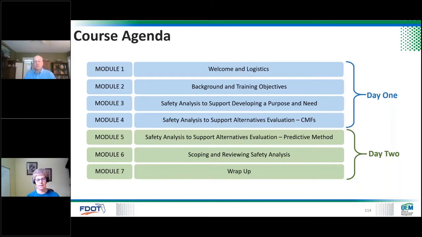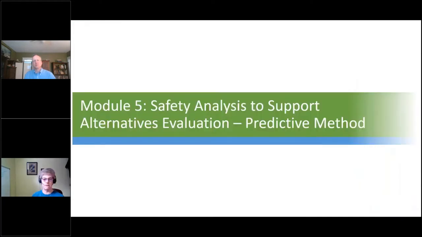In our eyes, this is another sort of checklist module to help you think about or identify what you should be thinking about as you're scoping or reviewing a safety analysis. And then we'll wrap things up. So let's start diving in.